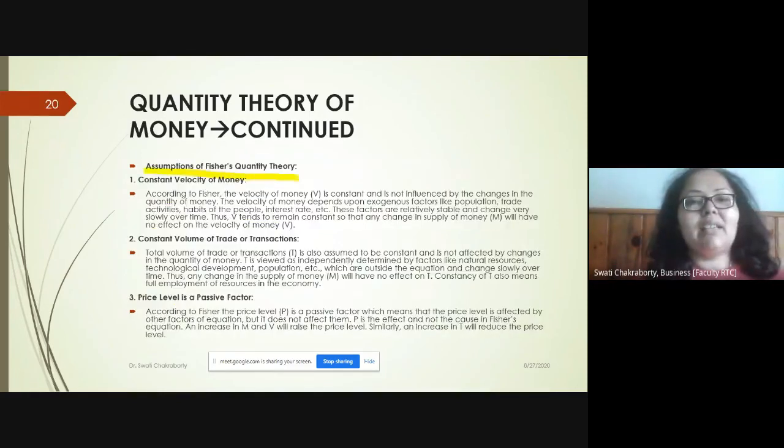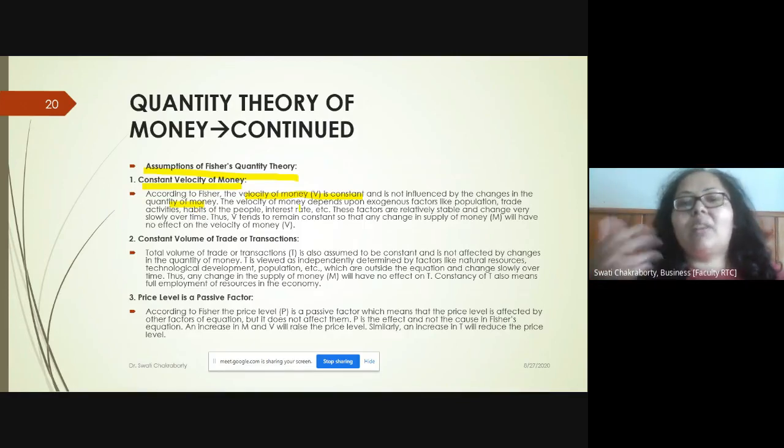So what are the assumptions of Fisher's quantity theory? First, there is constant velocity of money. Fisher said that the velocity of money V is constant and is not influenced by changes in the quantity of money. Rather, the velocity of money depends on exogenous factors like population, trade activities, habits of people, and interest rates.